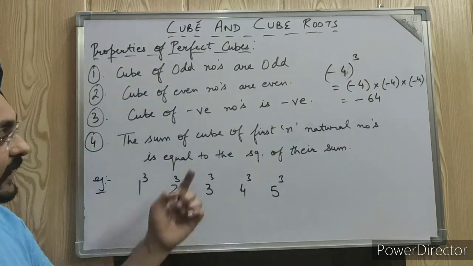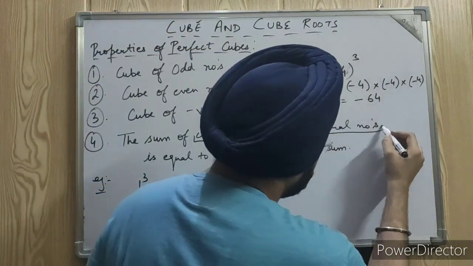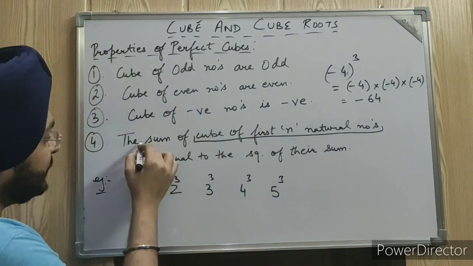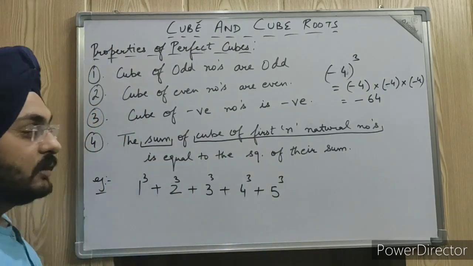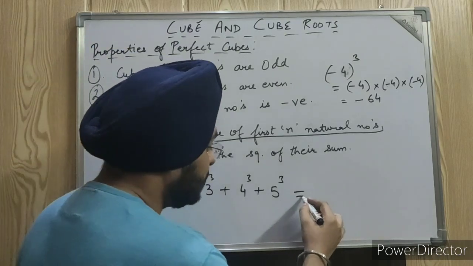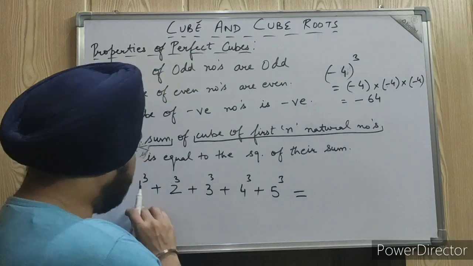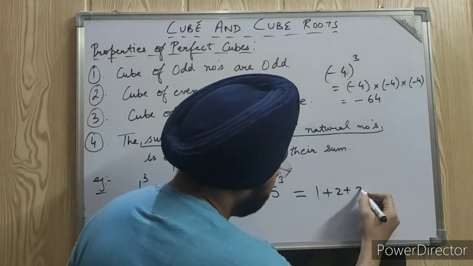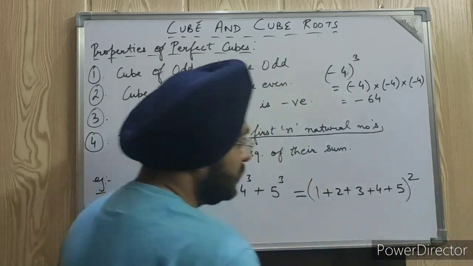I have taken n as 5 only. He is saying the sum of these cubes will be equal to the square of their sum. So I have to add 1, 2, 3, 4, 5 and then find the square.